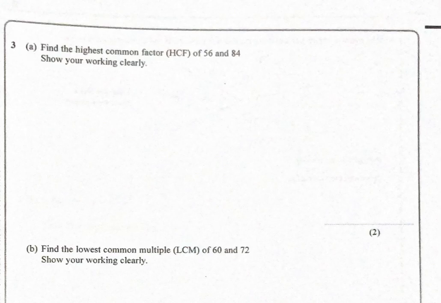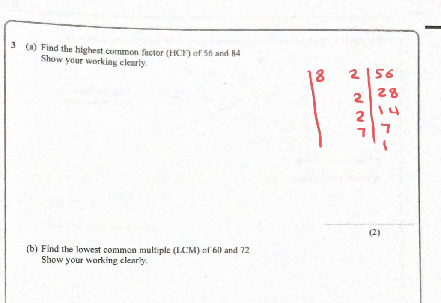Number 3a, find the highest common factor, HCF, of 56 and 84. Show your working clearly. You can find the HCF using prime factors. So factorize 56: divide by 2 equals 28, divide by 2 equals 14, divide by 2 equals 7, and 7 divided by itself equals 1.